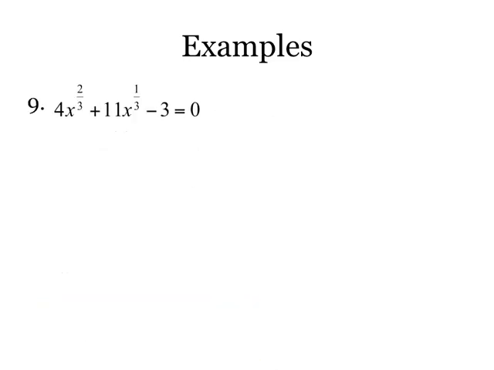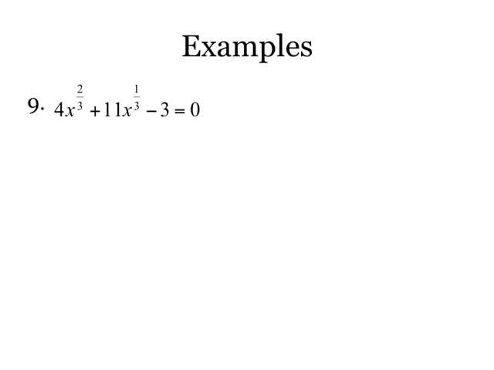All right, let's do one more substitution problem. 4x to the 2/3 plus 11x to the 1/3 minus 3 equals 0. The key to figuring out how to do the u substitution, you'll notice that for the last couple of examples where we did the u substitution, that first x was always the second x raised to the second power, right?